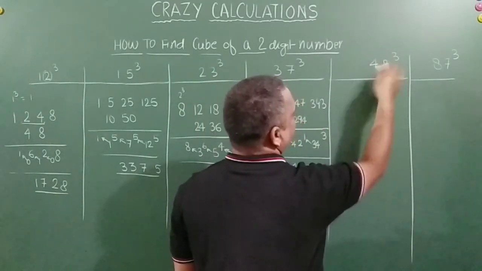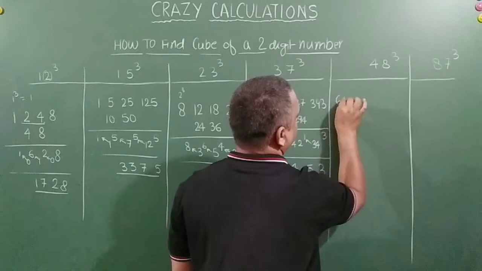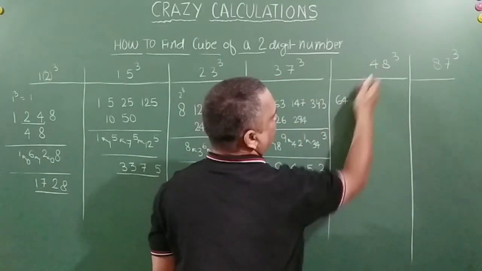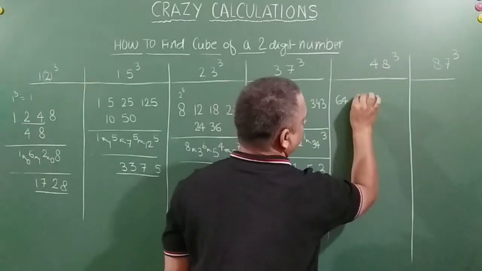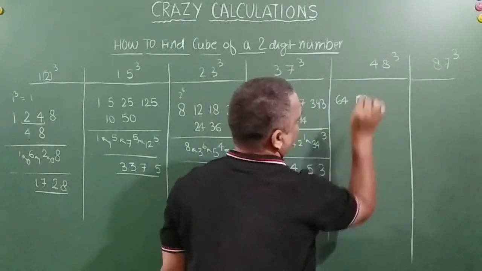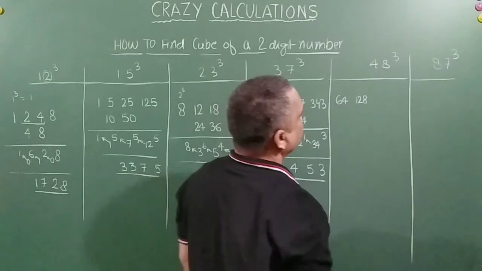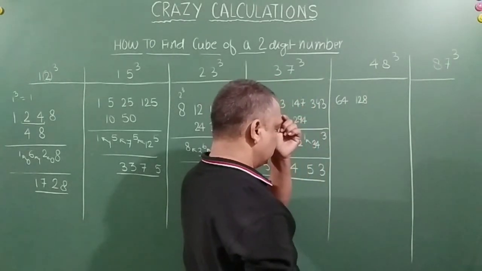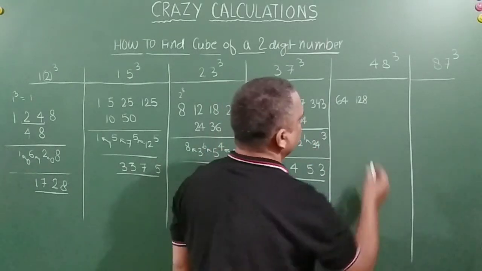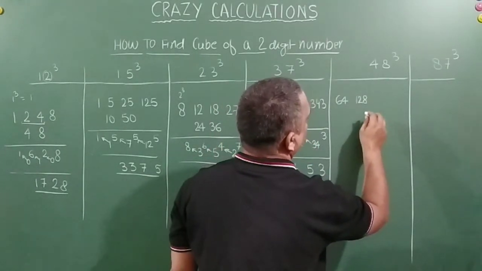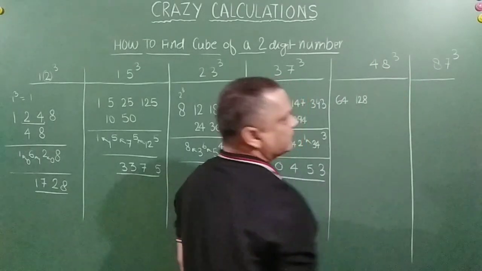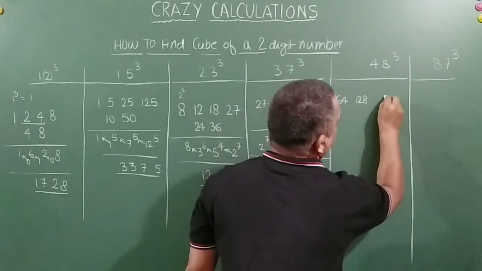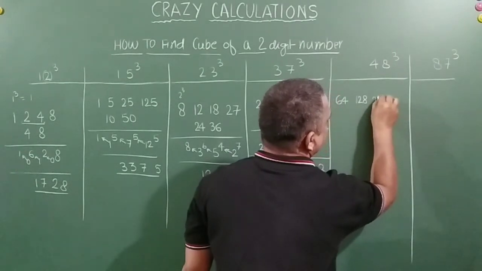Okay. So 4 cube, it is 64. Right? Now 64 divided by this 4, that is 16. 16 into 8 is 128. 128 divided by 4, that is equal to 32. 32 into 8 is 256.